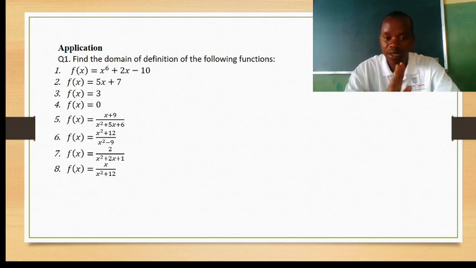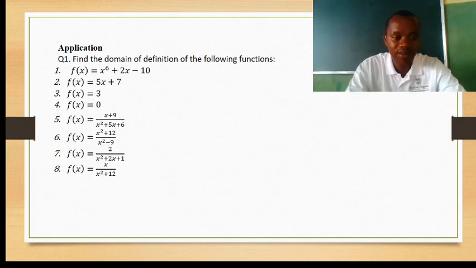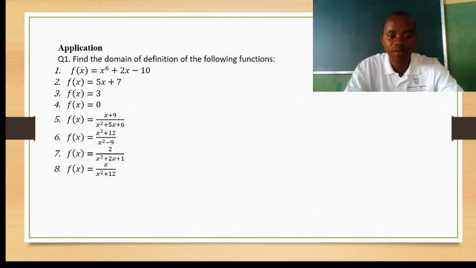In this case, the domain of definition is R minus the set containing elements -3 and -2. For function number 6, I think you have seen that the numbers which make the denominator equal to 0 are -3 and +3. It means that the domain of definition will be the set of all real numbers except -3 and 3.